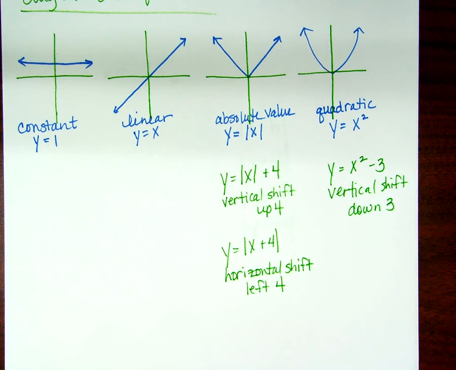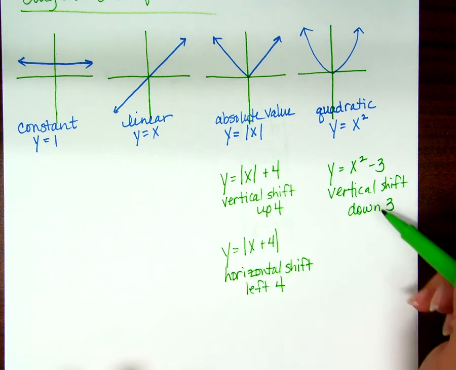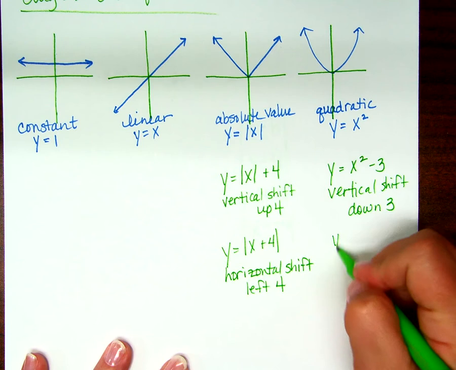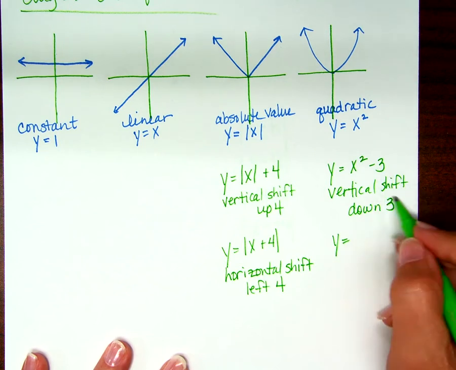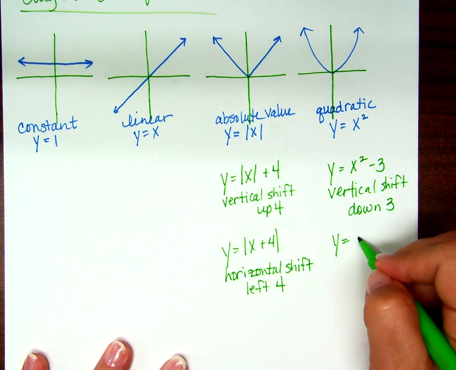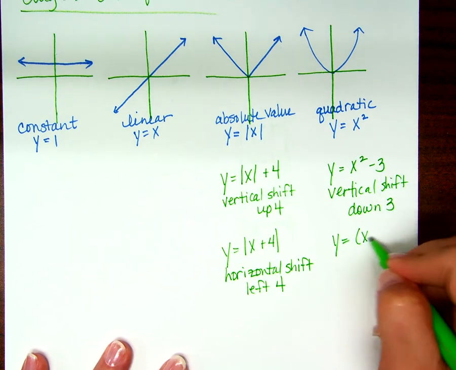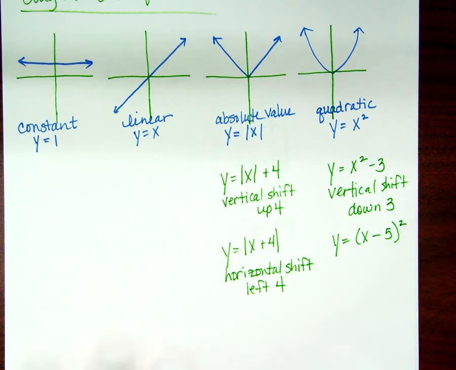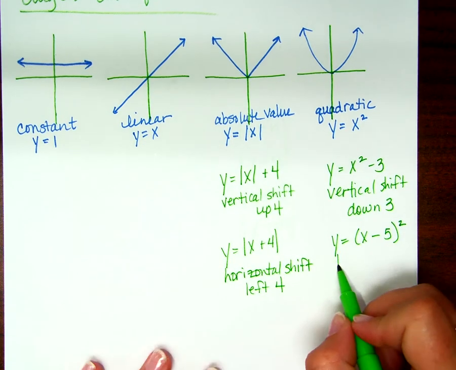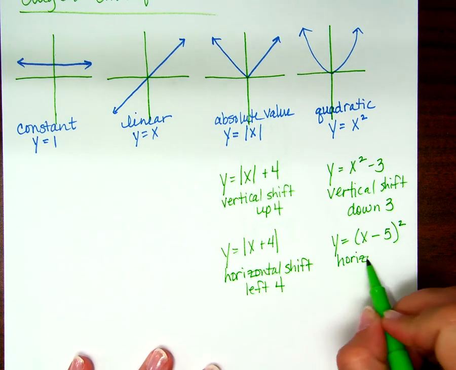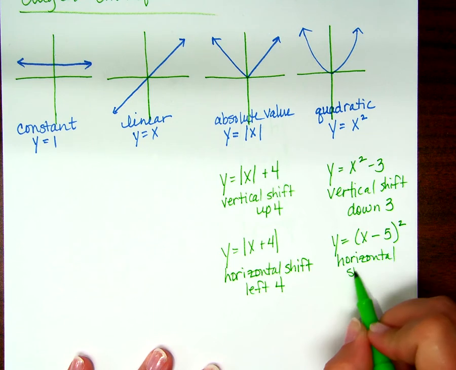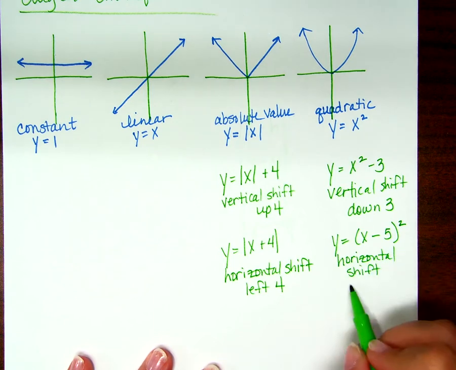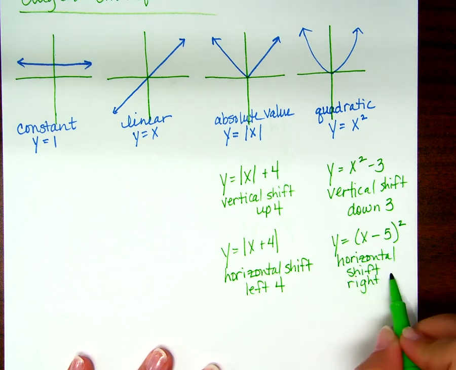Vertical changes are what you think they should be. So it says minus 3, so you're going to move down 3. What direction is this going to move? So horizontal shift, right, 5.